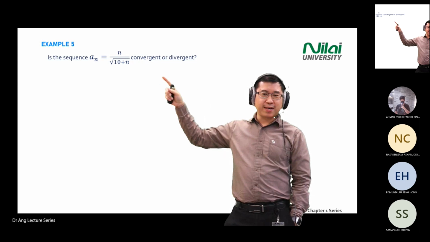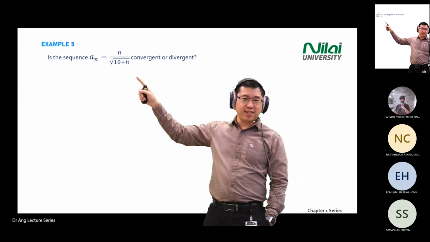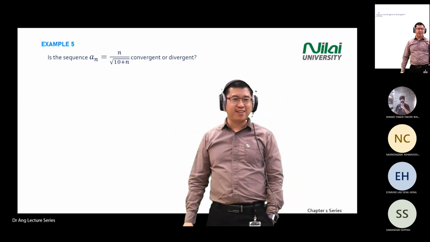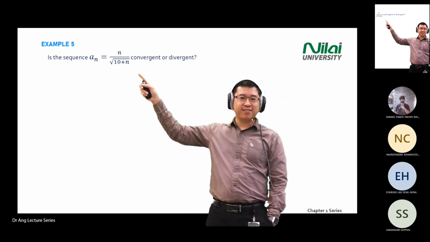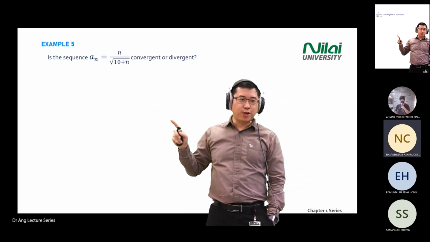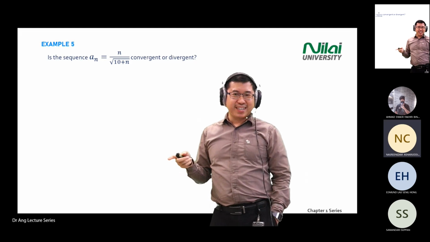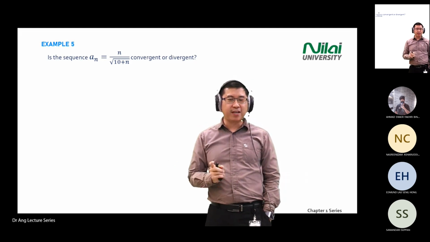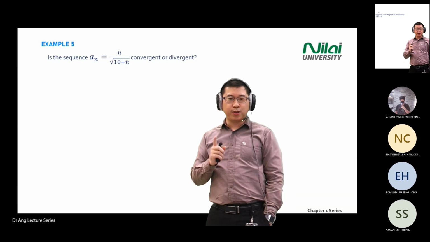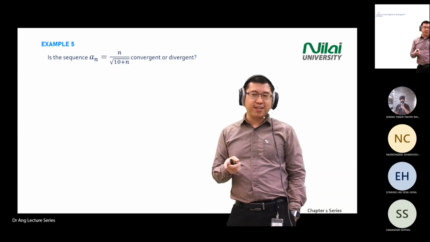How do you write 1 over square root of something in the exponential form? N power what? You know that square root of n is power half, right? What is the exponent below the denominator? You divide with something. What happened to your denominator?